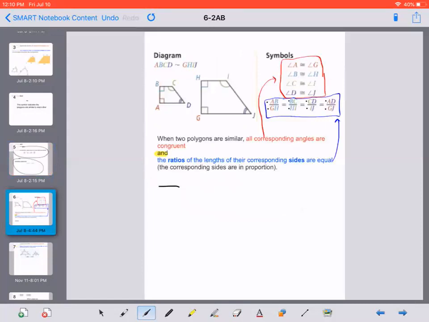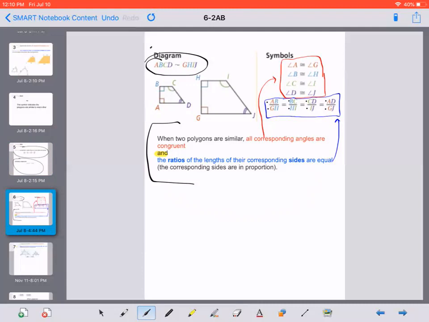And if we have a situation where we can write or we're given a similarity statement, then the full weight of this definition comes into play, meaning all the corresponding angles are congruent and all the corresponding sides are in proportion, meaning their ratios are equal.